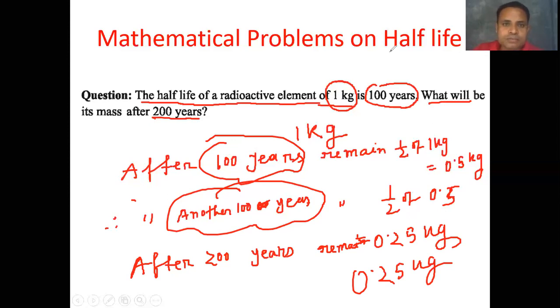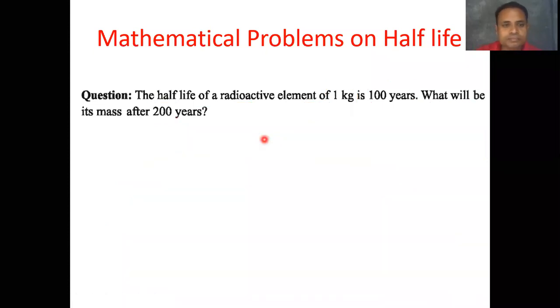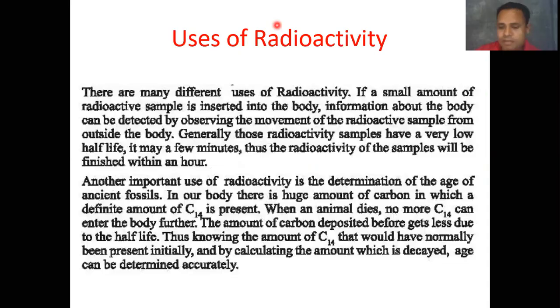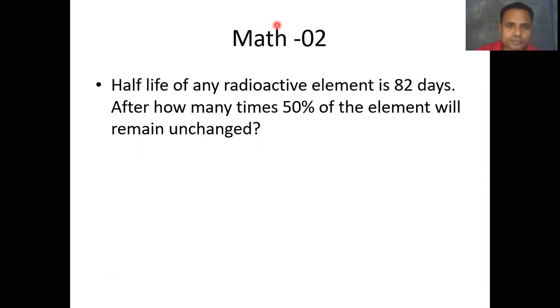Okay, now another mathematical problem, math 2. The half-life of a radioactive element is 82 days. That means after 82 days, half of the radioactive element will be broken.